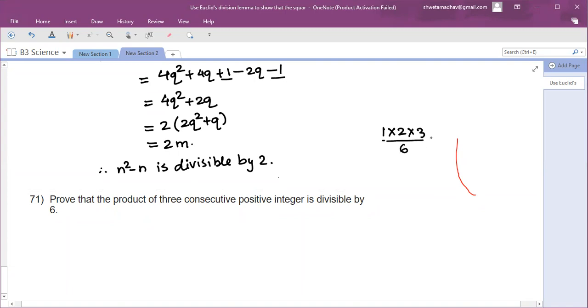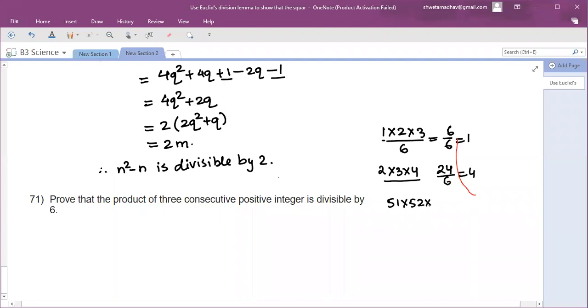Yes, it is. 2 ones are 2, 3 twos are 6, 6 by 6, answer is 1. Any other? 2, 3, and 4. 2 threes are 6, 6 fours are 24. 24 divided by 6 is 4.